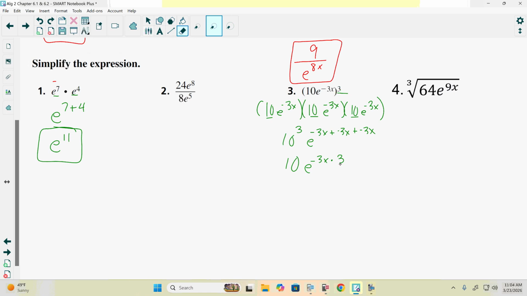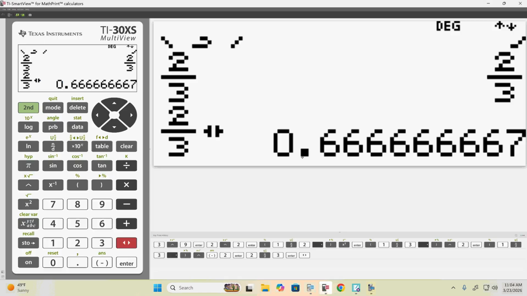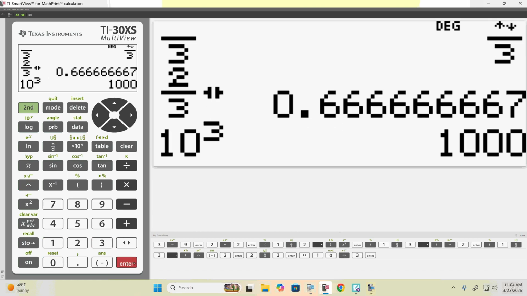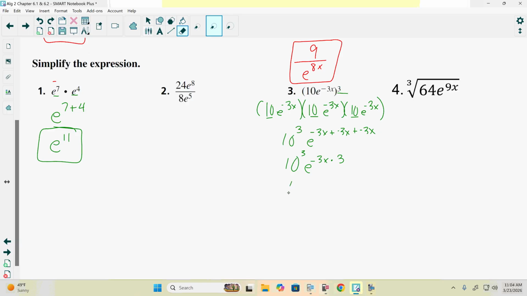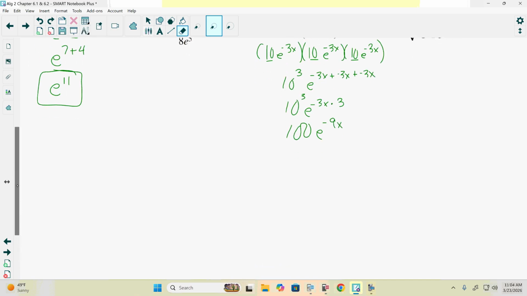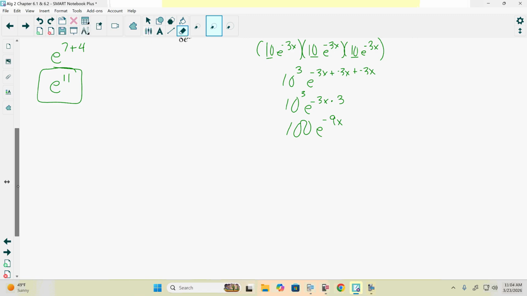That's that power of powers. And 10 to the 3rd, all right guys, focus in, is 1,000. That part's nice. Negative 3x times 3, negative 3 times 3, is negative 9x. Since that exponent's negative, we have to move it from the top of the fraction to the bottom.